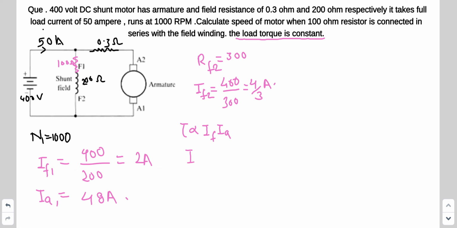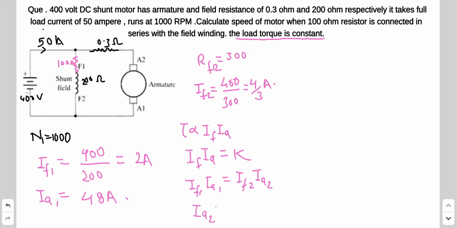So the product of IF and Ia will be constant. Now we can use it to calculate our IA2. So IF1 into IA1 is equal to IF2 into IA2.